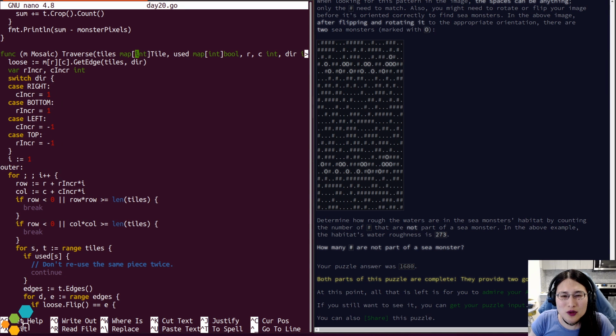Okay, so traverse is a map from tile to int now. So mosaic. I think that works.